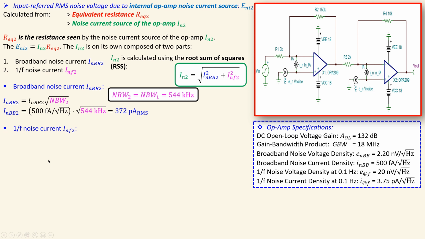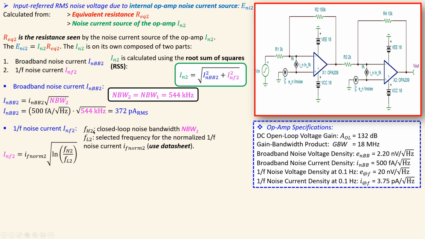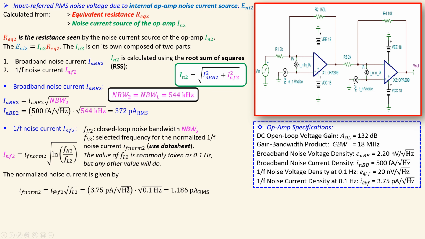So again, the 1/f noise current in a similar form, just take the values for the upper cutoff frequency, the noise bandwidth of the second stage. This is a selected frequency to calculate this normalized current value, again 0.1 hertz. I will go faster because this was done in great detail in the first stage. You will have then approximately 19 picoamps RMS. If you now calculate this value for the 1/f noise current in RMS, you will get 4.67 picoamps.